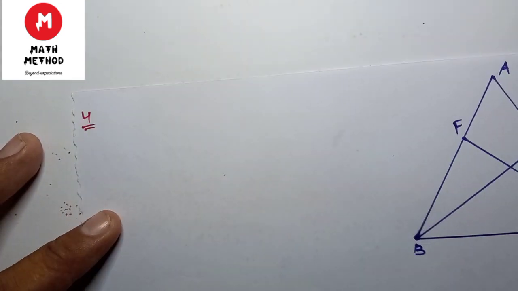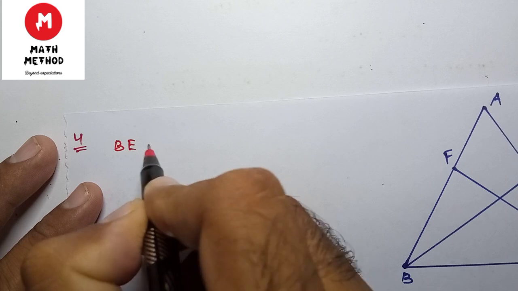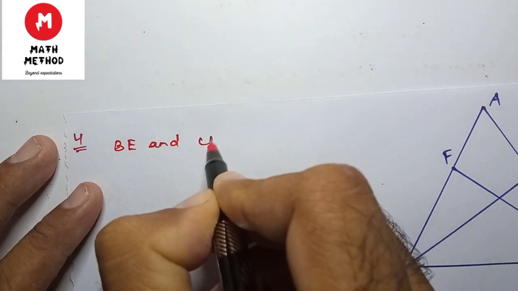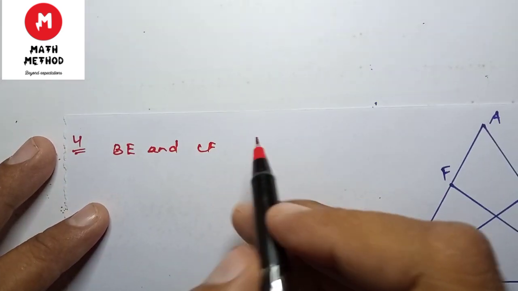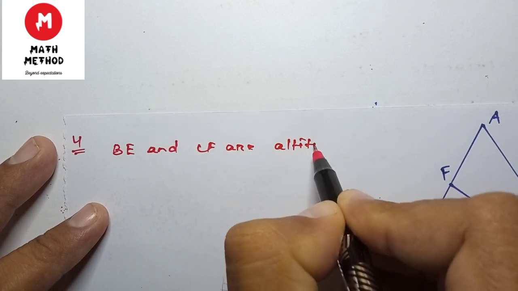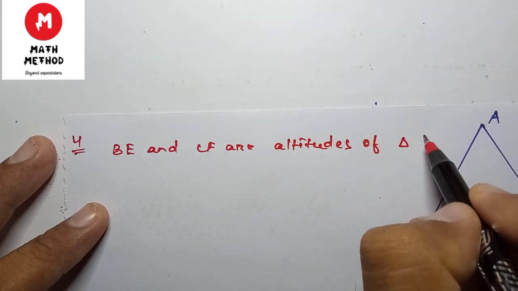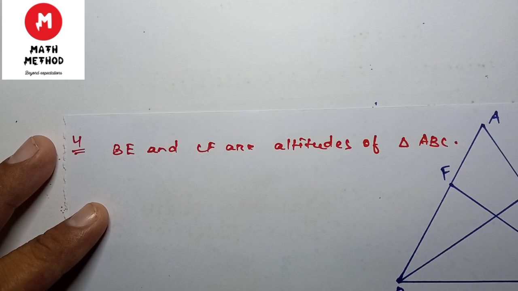Now question number 4. Here BE and CF are altitudes of triangle ABC. Clear?